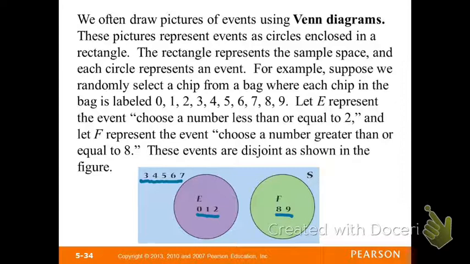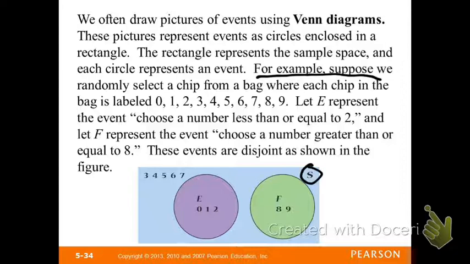Okay, so we're going to look up here, back into the words now, and see what we're doing. It says, for example, suppose we randomly select a chip from a bag where each chip in the bag is labeled 0, 1, 2, 3, 4, 5, 6, 7, 8, and 9. So that's the bag, the sample space.